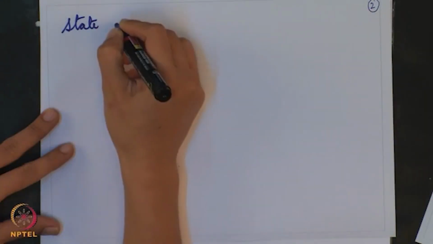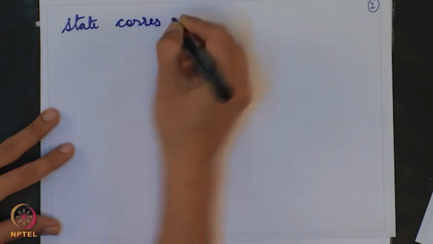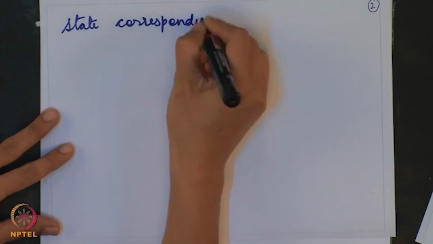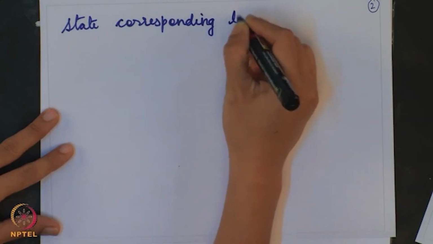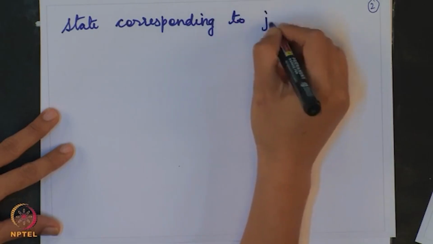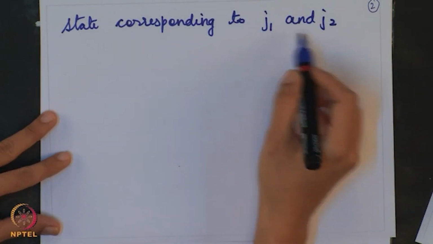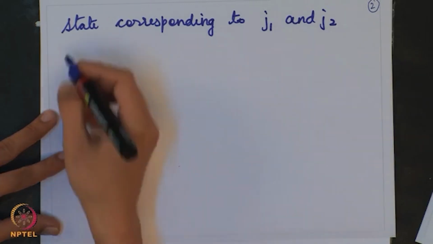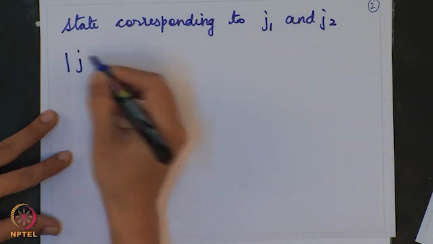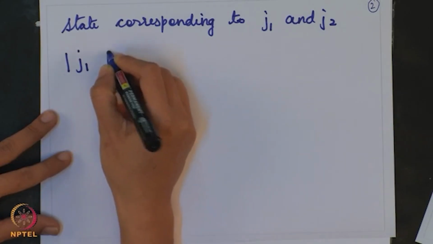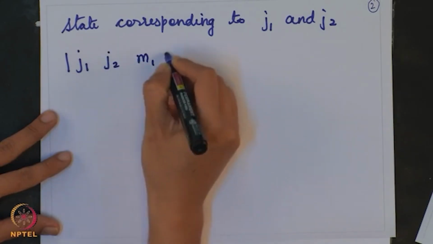The state of the system corresponding to J1 as 1 and J2 as half, how do we write it? J1, J2, M1, M2.